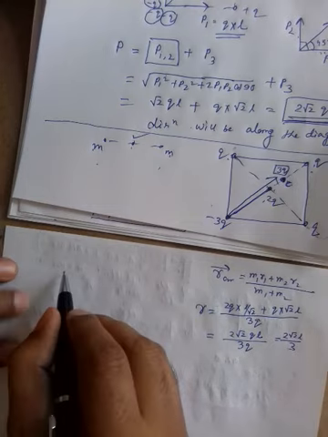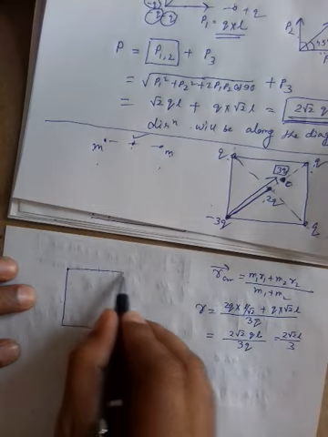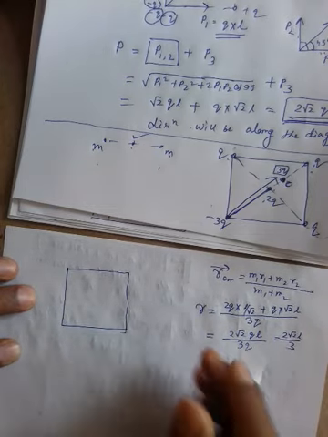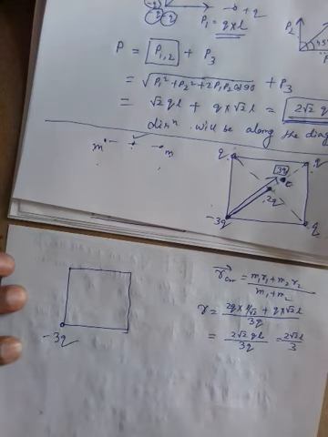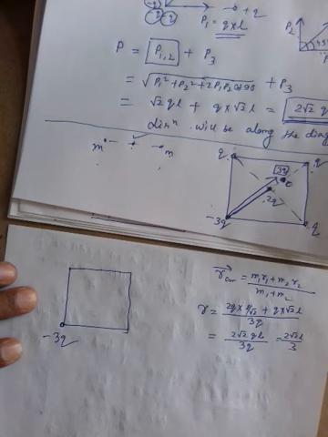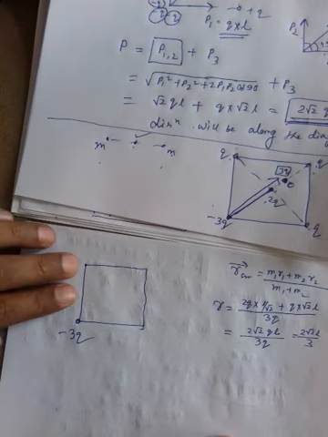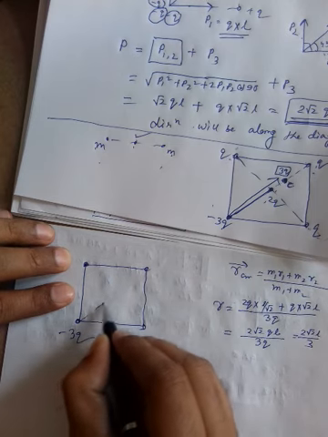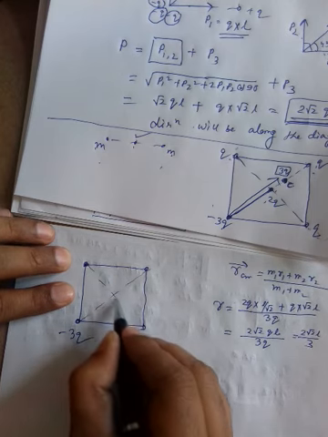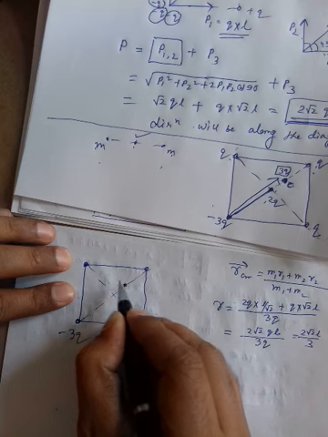So I am drawing separately. Here minus thrice q is already present. Instead of q here and q here, we consider thrice q present at a point here.